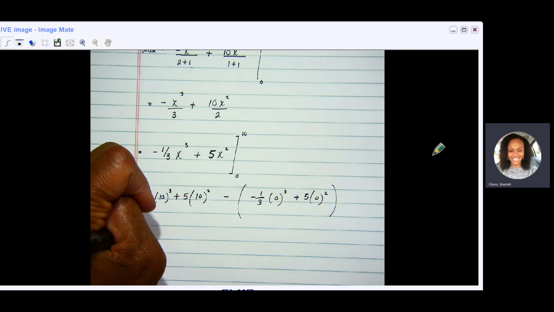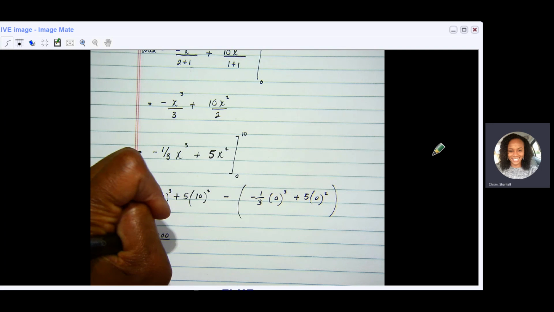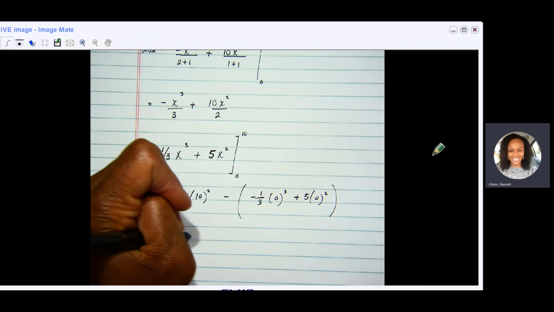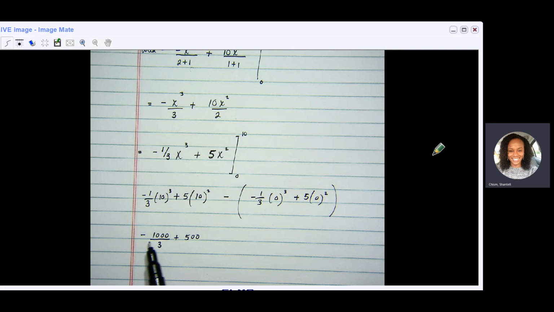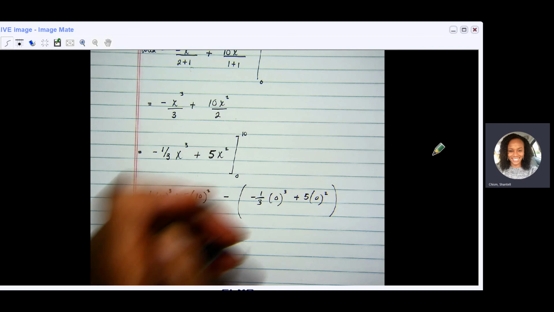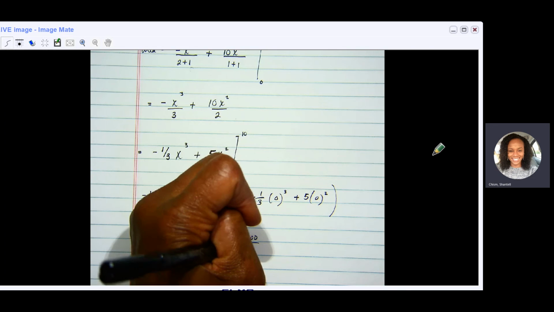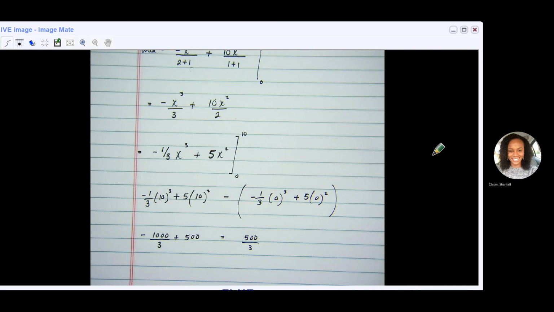So this ends up being -1,000 over 3. So 10 cubed is 1,000. And then this is 5 times 100, which is just 500. So -1,000 over 3 plus 500, simplifying that, equals 500 over 3. Okay?